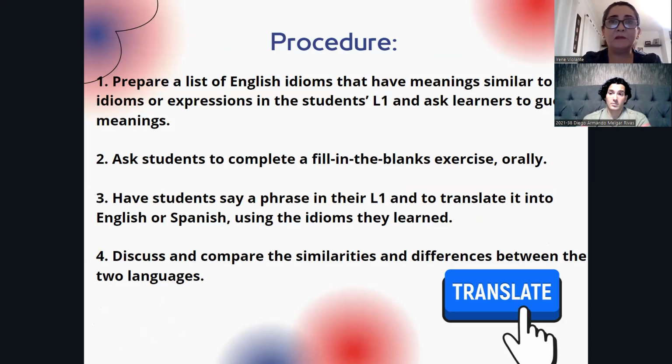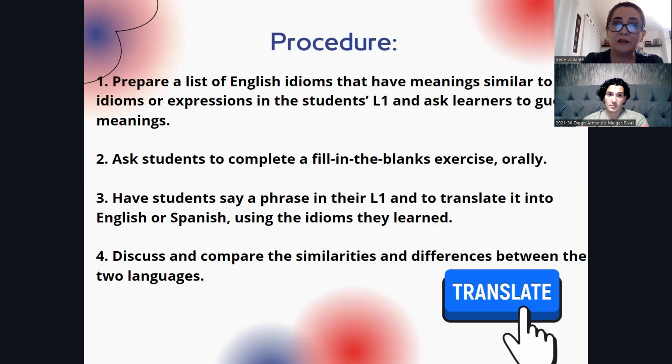Okay, let me tell you what we're going to do in this session. The first thing is that we're going to look at a list of idioms that have similar meanings in Spanish in this case. And the idea is that Diego, the student, will guess the meanings. Then the student will be asked to complete a fill in the blanks exercise orally.